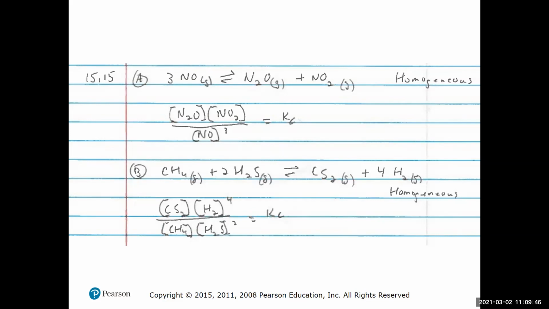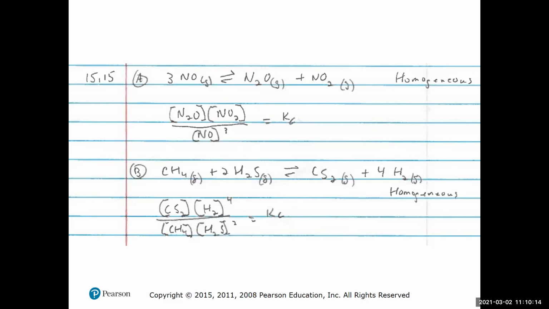So that H2 molar concentration will be taken to the 4th power. And so our equilibrium expression winds up being CS2 times the H2 concentration to the 4th power, divided by CH4 times the H2S concentration squared. Once again, this is homogeneous because everything was in the gas phase.